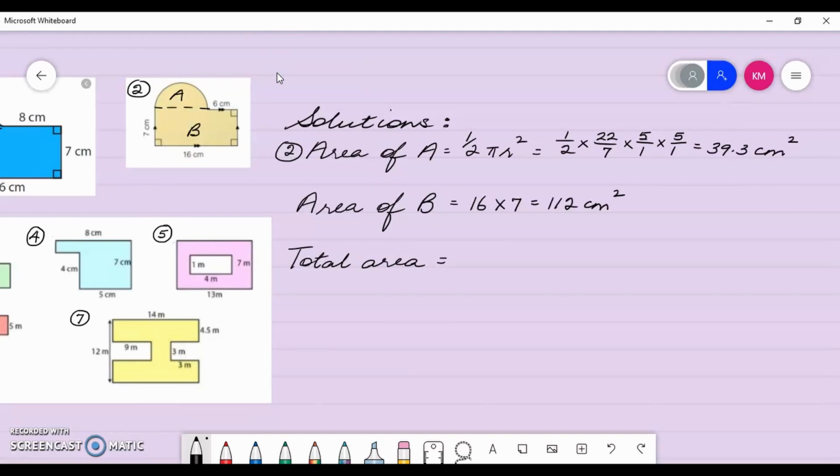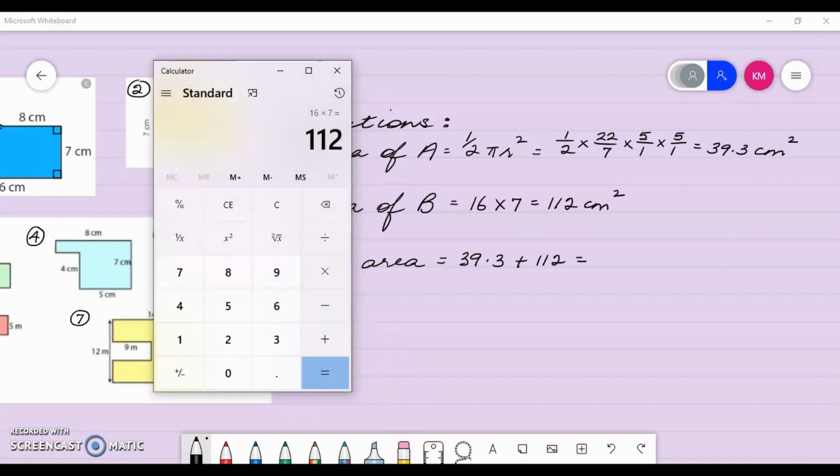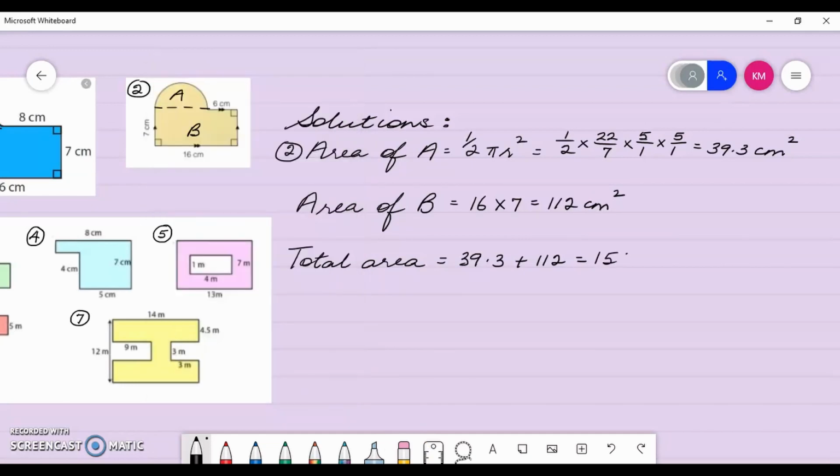So my total area is going to be that 39.3 plus 112, and that is going to be 151.3 centimeters squared. And there you have it, your total area for number 2.